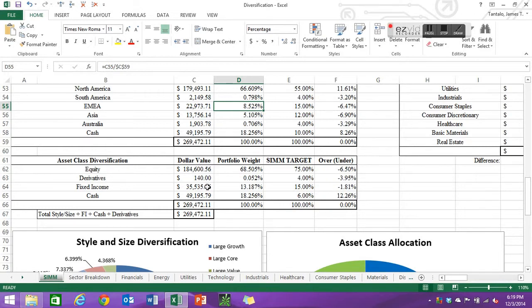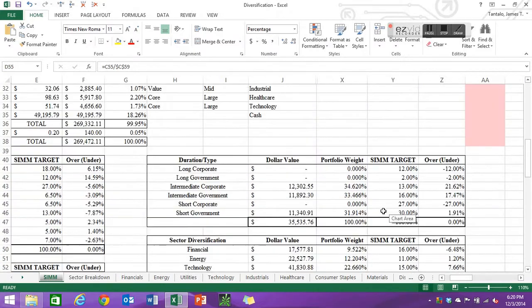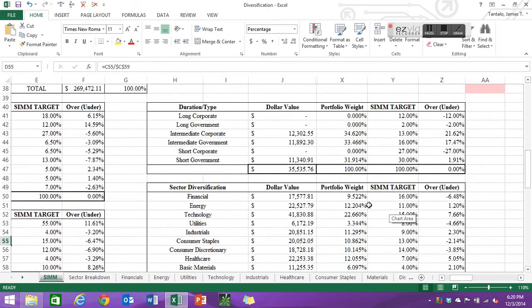So a pretty good segue there, if we move over, is duration and type. In the same sense that style and size breaks down for our equities, our fixed income is broken down by duration and type. There's two different types: corporate and government.